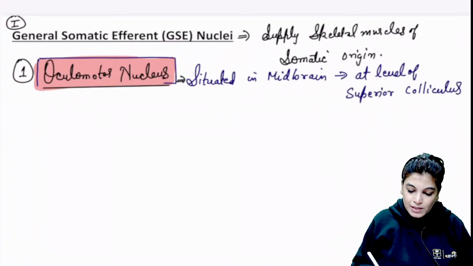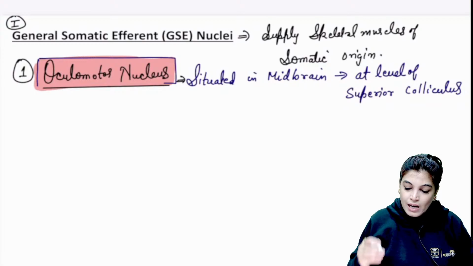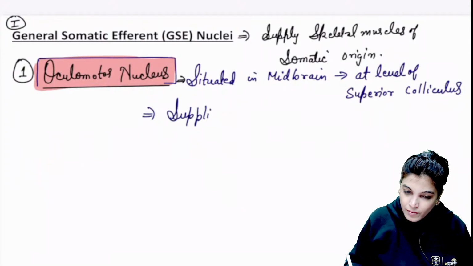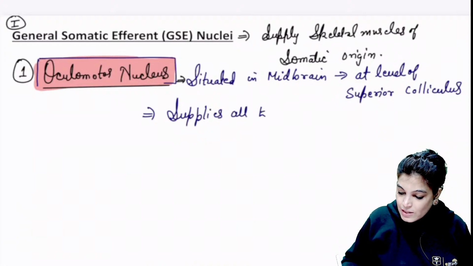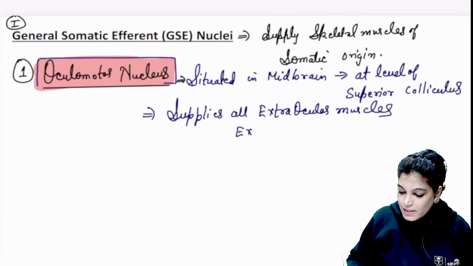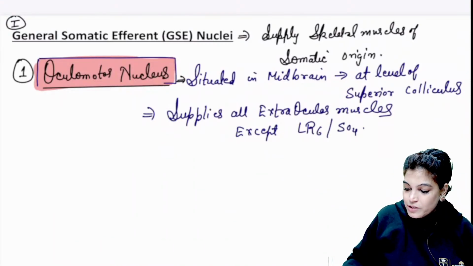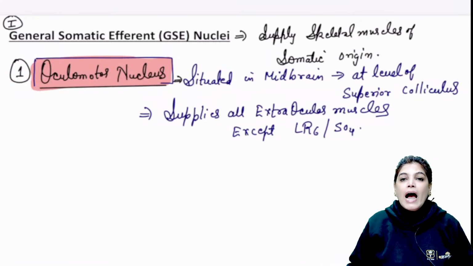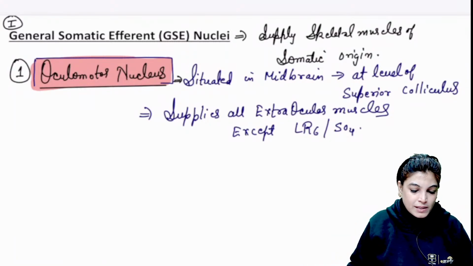Its fibers supply all extraocular muscles except which 2 muscles, my dear students? Except LR6 and SO4. I have written in short form. LR6 means lateral rectus and SO4 means superior oblique muscle.